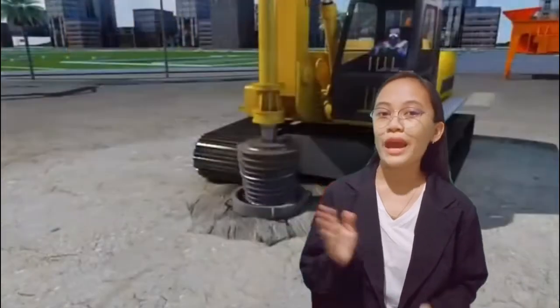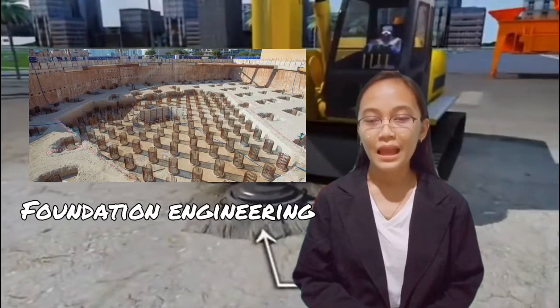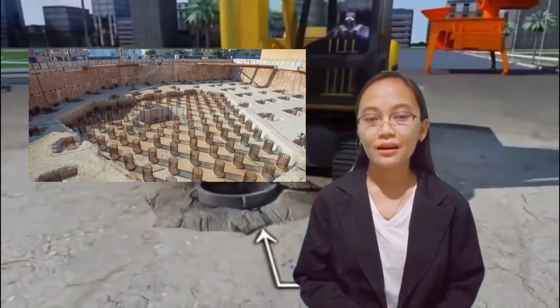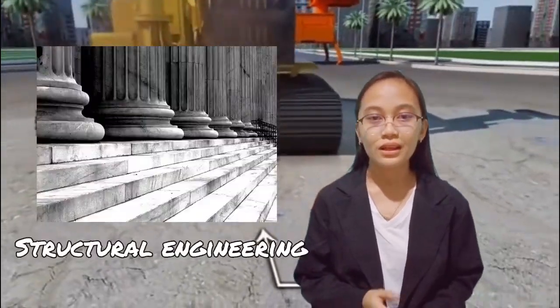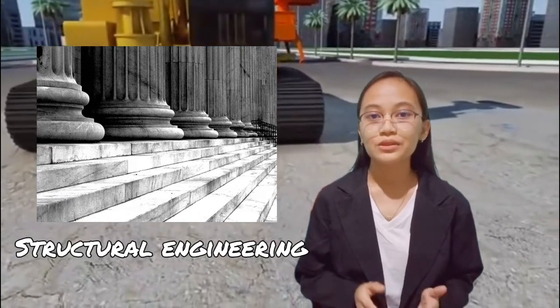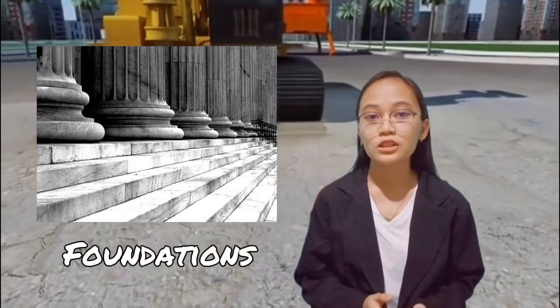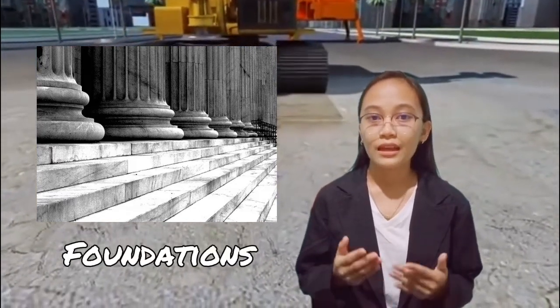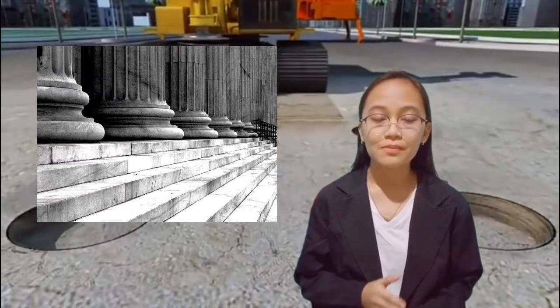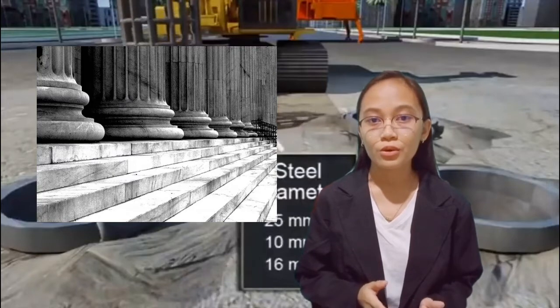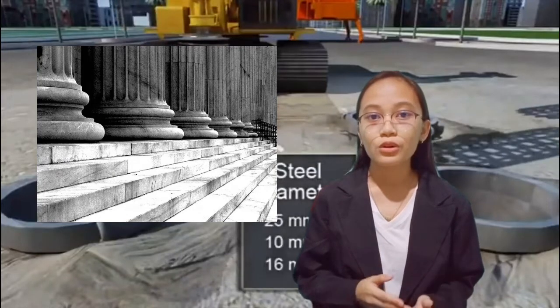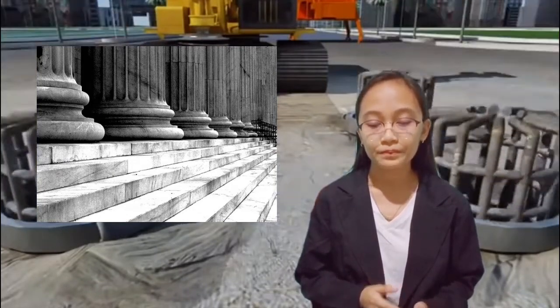The third one, we have foundation engineering. Foundation engineering applies geology, soil mechanics, rock mechanics, and structural engineering to the design and construction of foundations for civil engineering and other structures. One must be able to predict the performance or response of foundation soil or rocks to loads imposed by the structure.